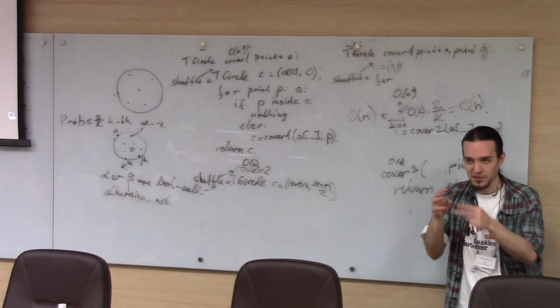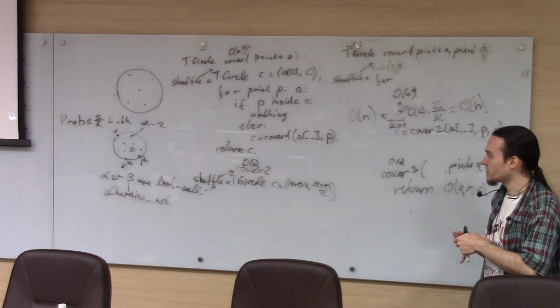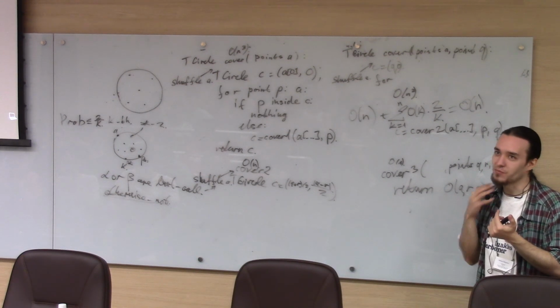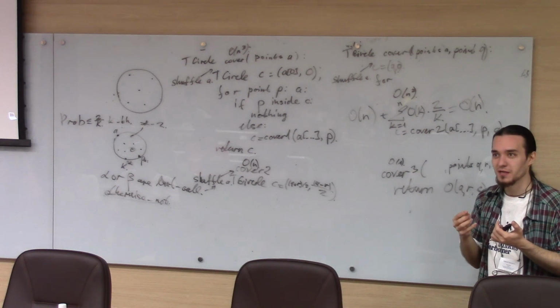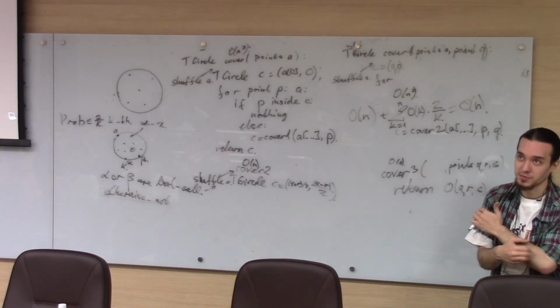So these kind of compensate each other, and in fact, the expected number of operations is constant. It is bounded by a constant that does not depend on the number of steps or the number of points or anything else.